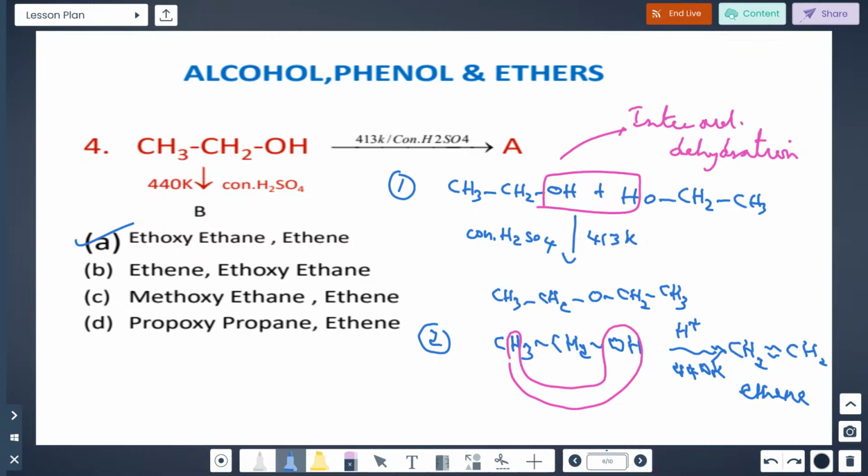This is an example for intermolecular dehydration, and this is an example for intramolecular dehydration. Intramolecular means the water molecule is removed within one molecule. So option A is the correct answer: ethoxyethane and ethene. Very important question, compulsory. Study thoroughly, all of you. Next one.